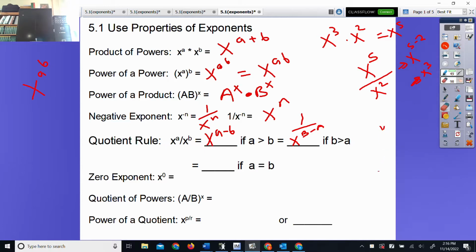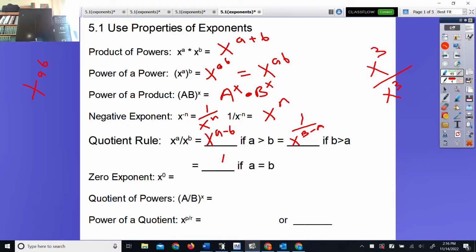The last one deals with equality, when a is equal to b. And I know some of you guys have it memorized. It's 1, right? You know why it's 1? Well, if a was equal to b, it'd be something like x cubed over x cubed. What's something divided by itself? 1. The zero exponent rule is actually that rule right there.